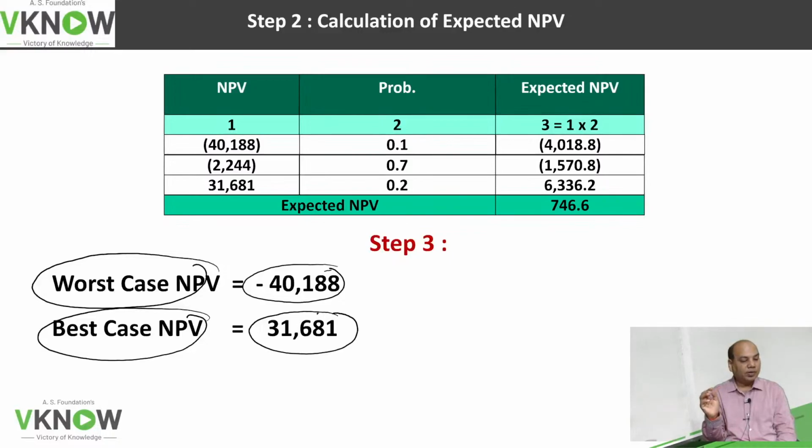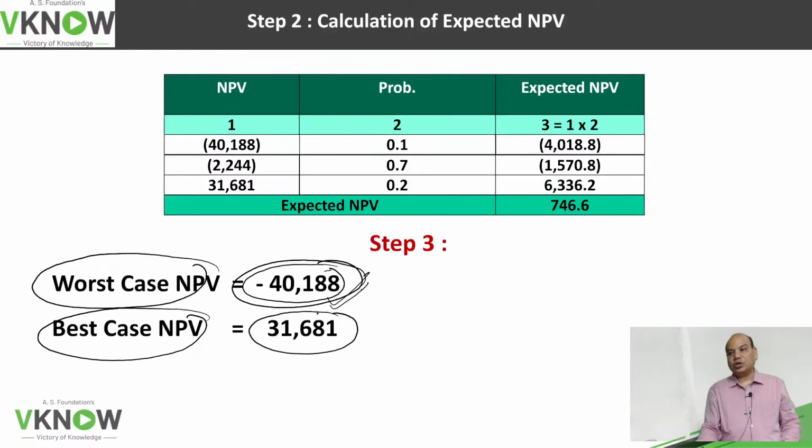The lowest one is the worst case NPV out of the 3 and the highest one is best case, but there is a probability also. So that is why they have asked you the next question. Calculate the probability of occurrence of worst case NPV, if cash flows are perfectly positively correlated over time or cash flows are independent over time.